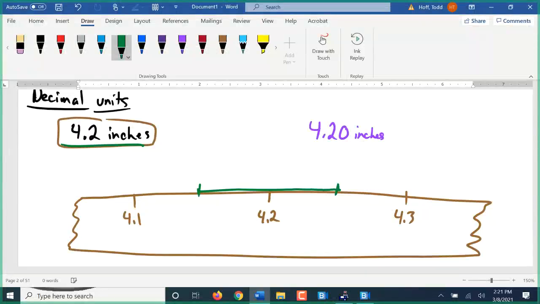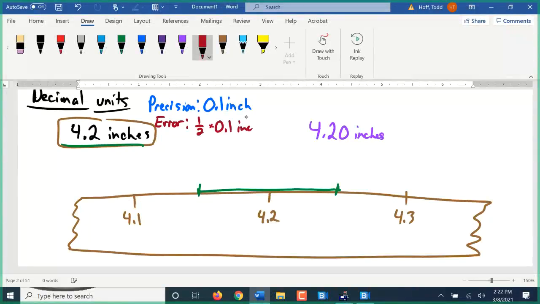So this would imply a precision of only 0.1 inches, which implies error of 1/2 times 0.1 inch, which would be plus or minus 0.05 inches.